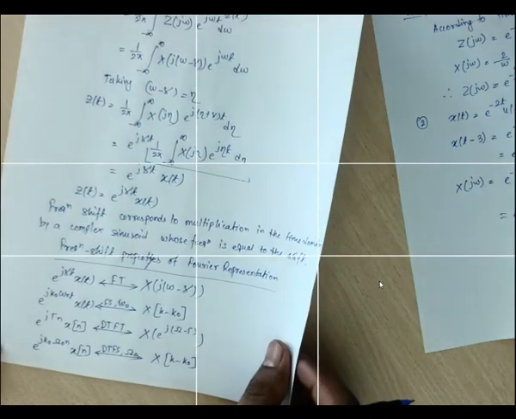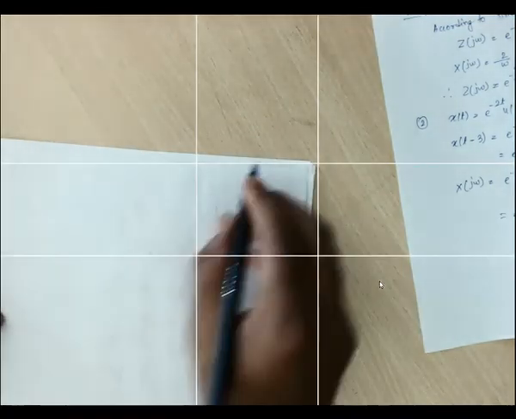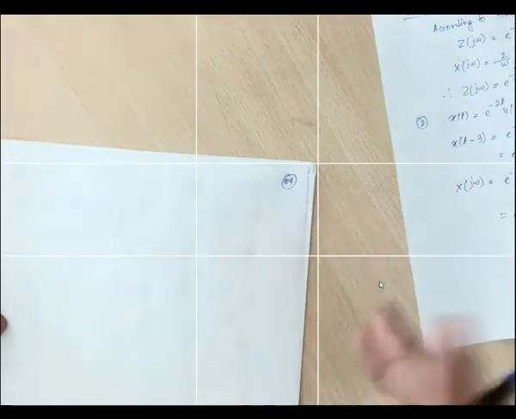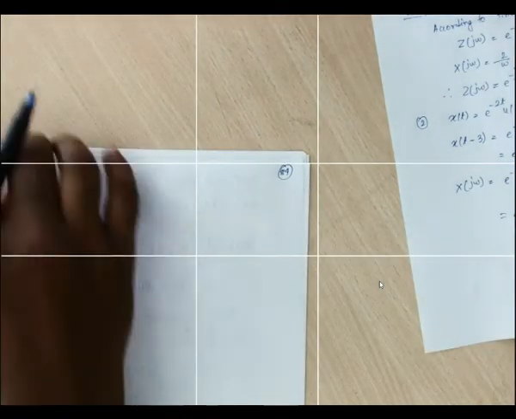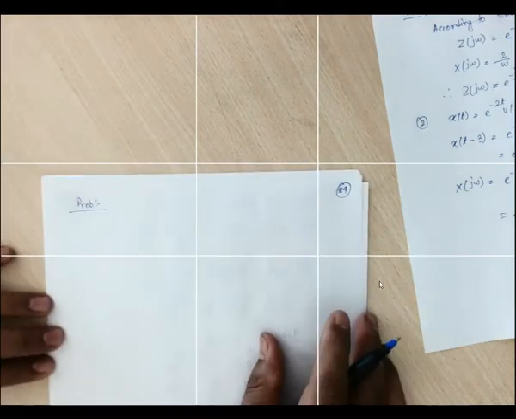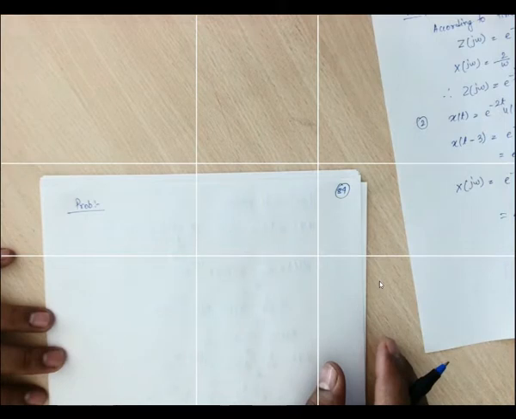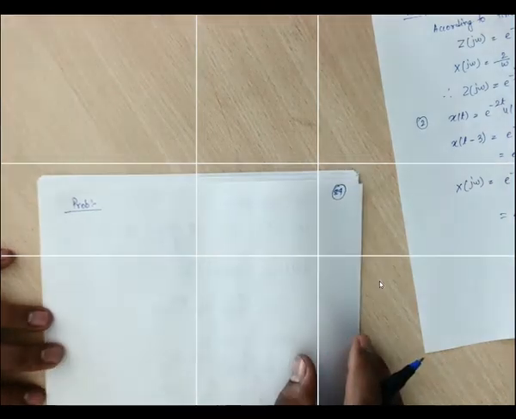So let us solve a problem for this. Using the frequency shift property, we need to determine the Fourier transform of the complex sinusoid pulse.